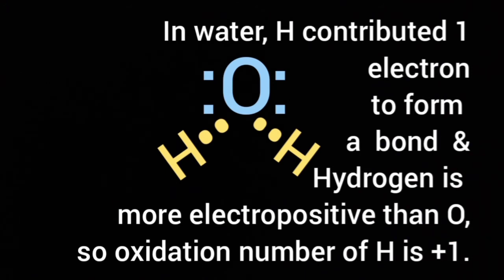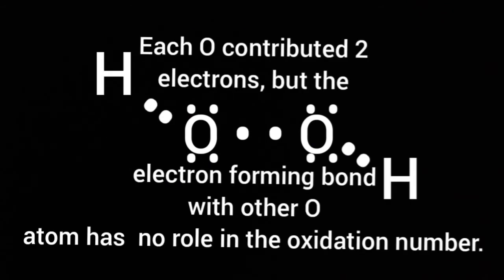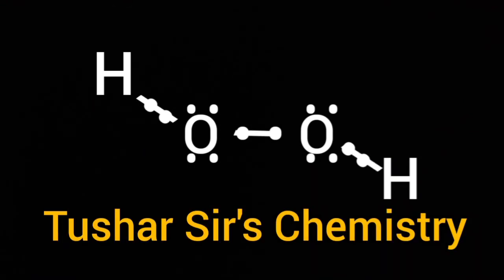Let us take another example. Hydrogen peroxide. You see the Lewis dot structure of hydrogen peroxide. Each oxygen contributed 2 electrons to establish 2 single bonds on 2 different sides, and each hydrogen atom contributed 1 electron to establish a single bond with the oxygen atoms.